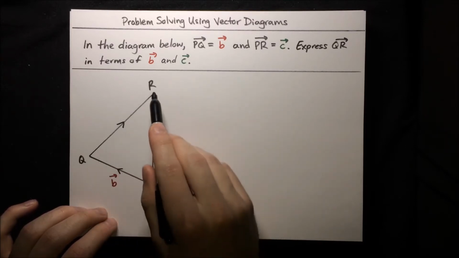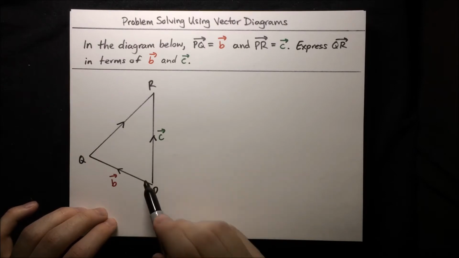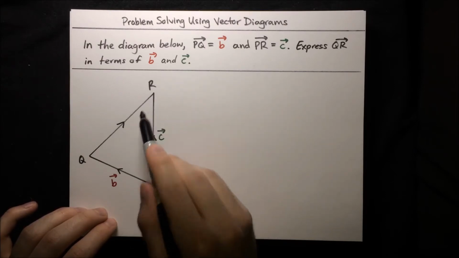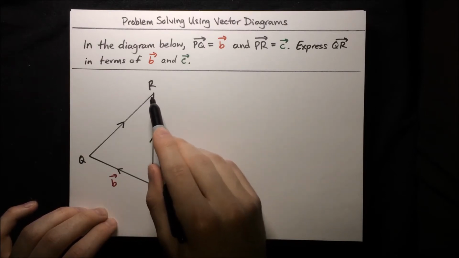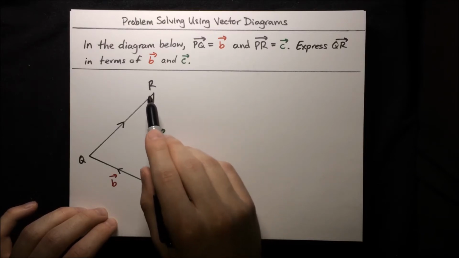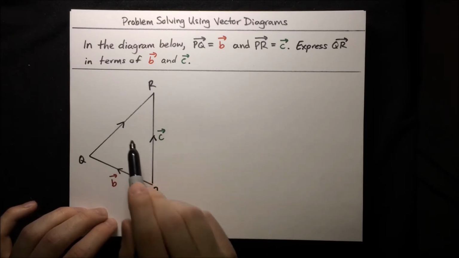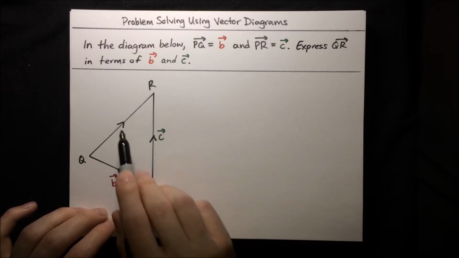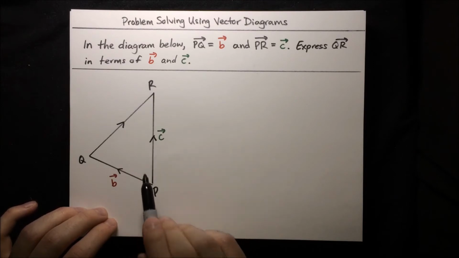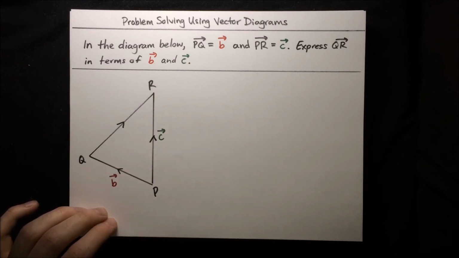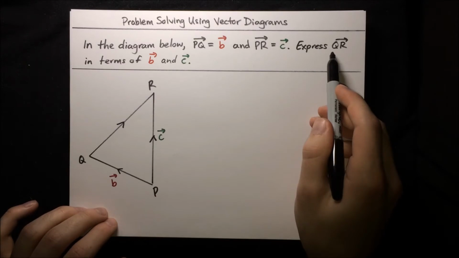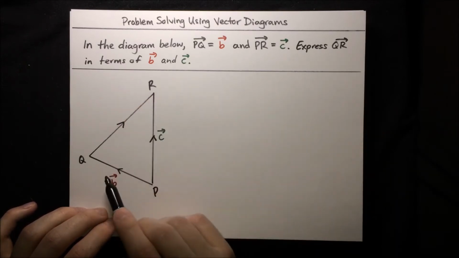They're both ending at R. If we put the arrows at the end of the vectors, then there would be two arrows right on point R, and it would be kind of confusing because the arrows would collide. But it's a lot easier to see when we put the arrows in the middle. It makes it a lot more clear because the arrows aren't colliding, and we can tell which way the vectors are going very easily.